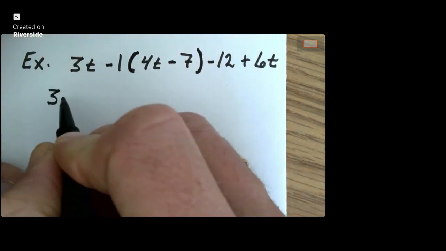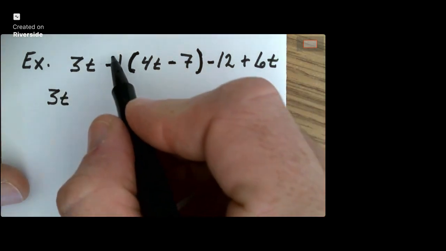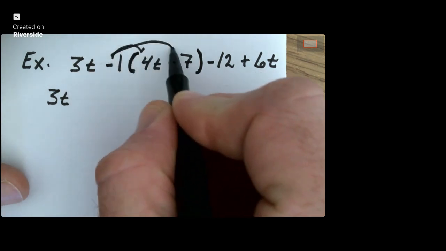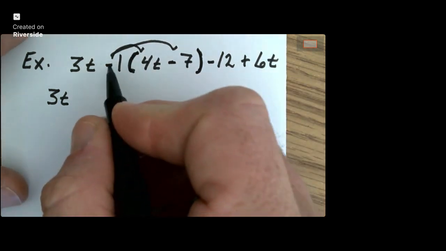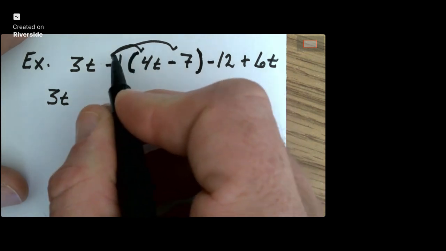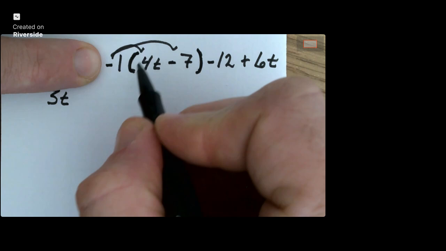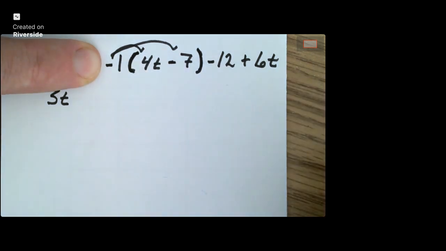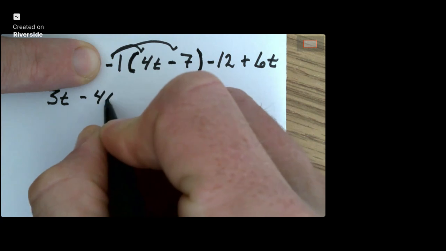That 3t is just going to come on down. That 3t is not a part of that distributive process. But the -1 is, okay? So I'm not going to put that sign here yet, right? That sign goes with the 1 when I send it through for the distribution, right? So that 1 goes to the times +4t, and then that's going to give us a -4t.